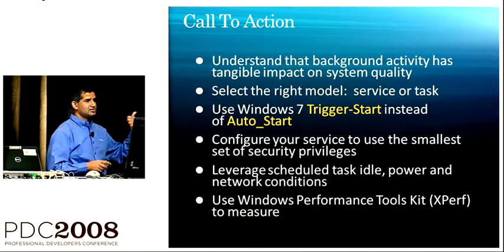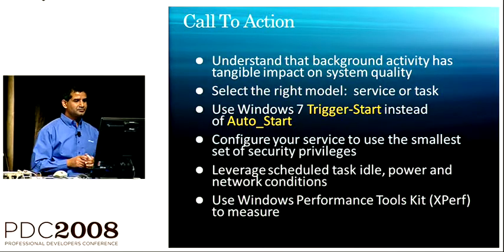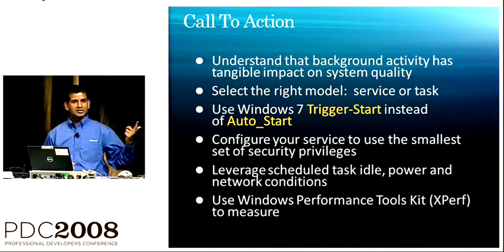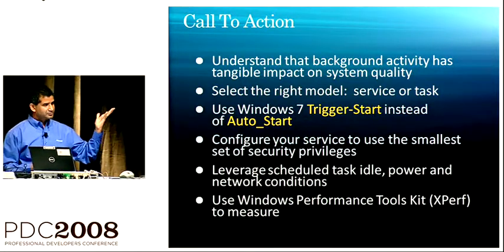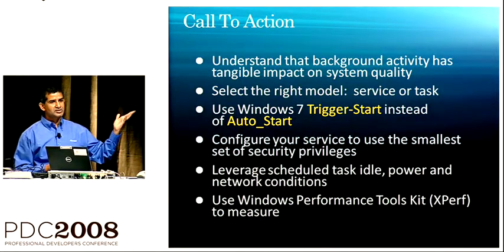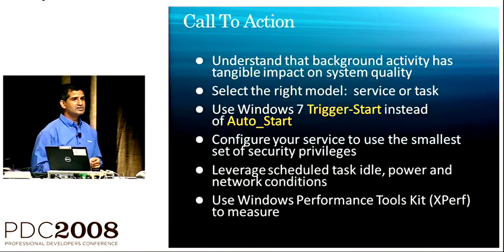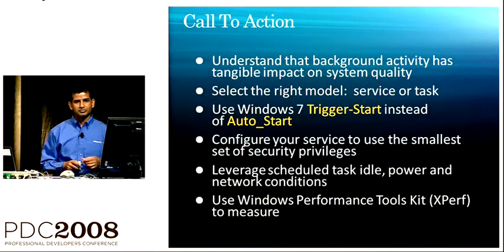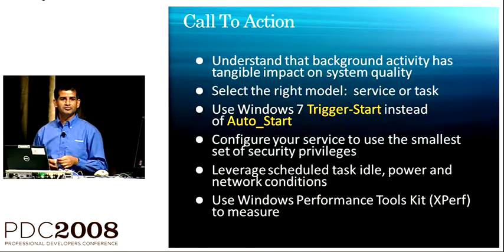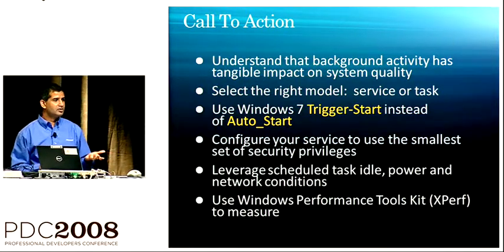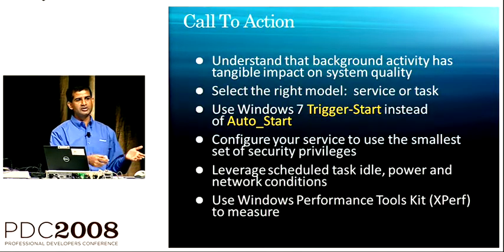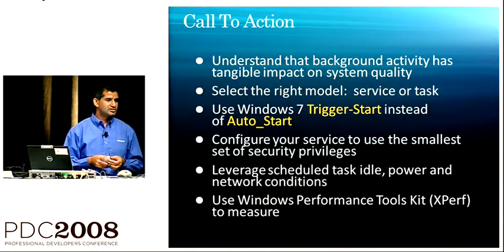It has performance impact, it has reliability impact, it has security impact on the system, and it also has power efficiency impact. So we recommend to use the Windows 7 trigger start wherever available, and also decide whether a task is better suited than a longer running service in many cases.